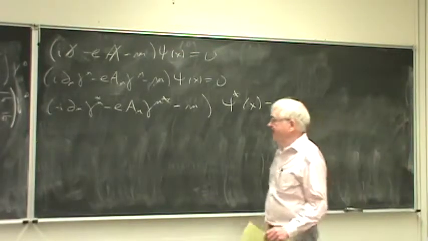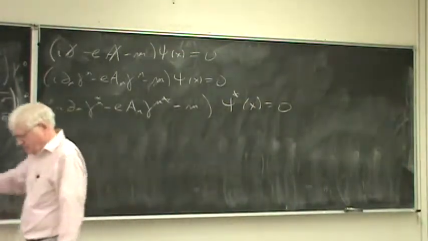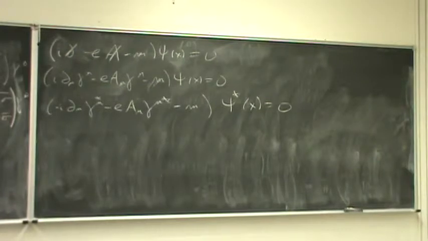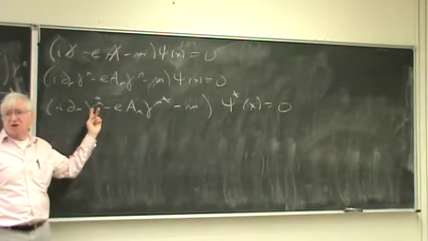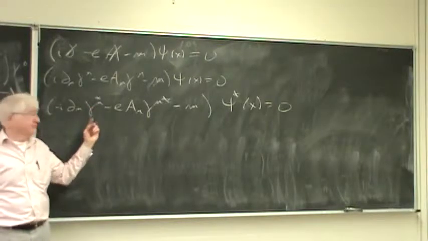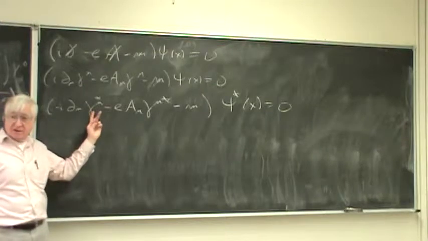Okay. Now, remember that the only Pauli matrix that's imaginary is sigma 2. Sigma 1 and sigma 3 are real. And of course, gamma 0 is real because it's just 2 by 2 identity matrices thrown together in a certain pattern. So the only effect of the complex conjugation occurs on gamma 2, and it's flipped in sign.